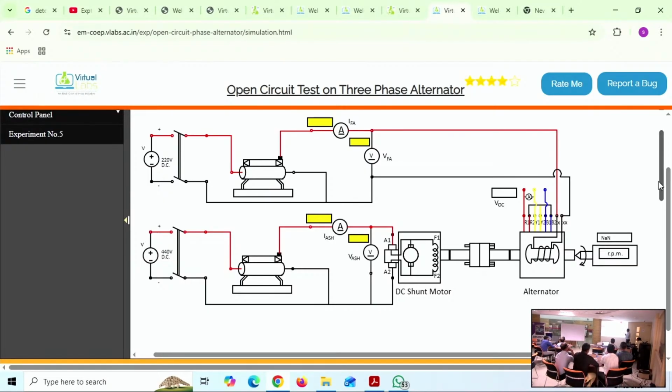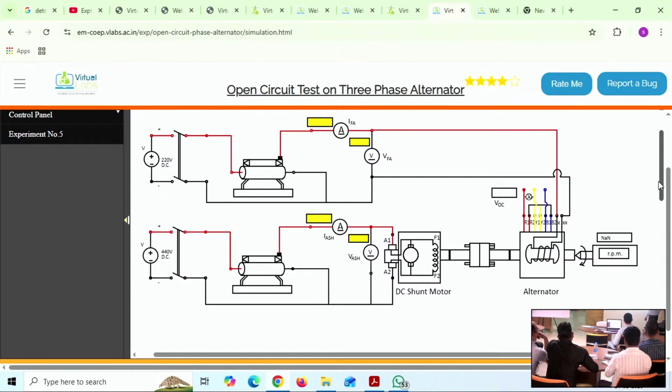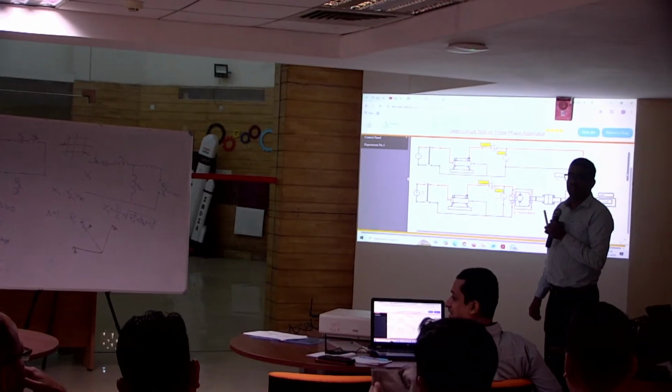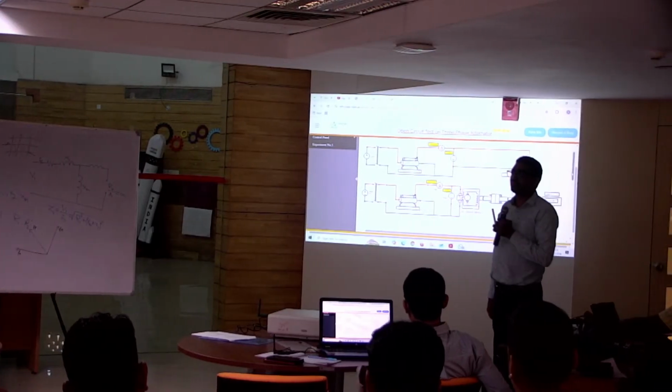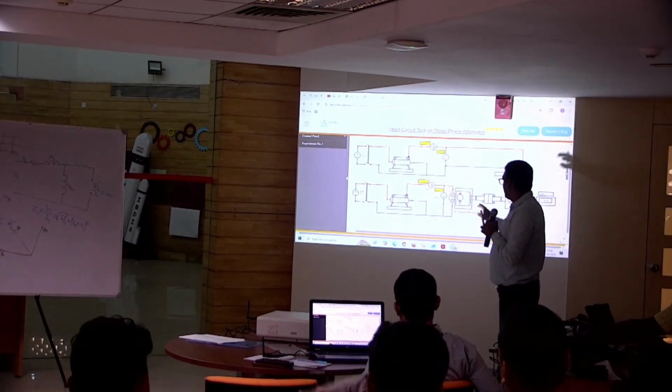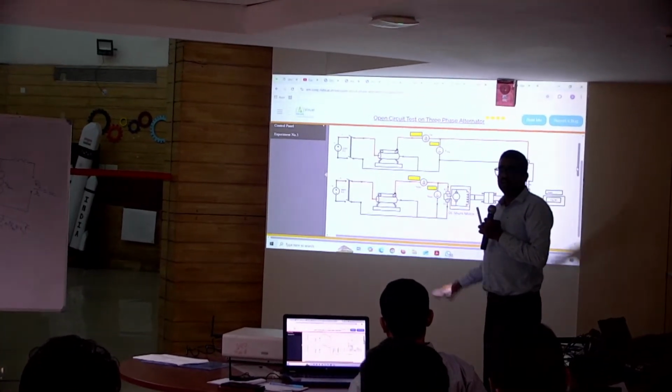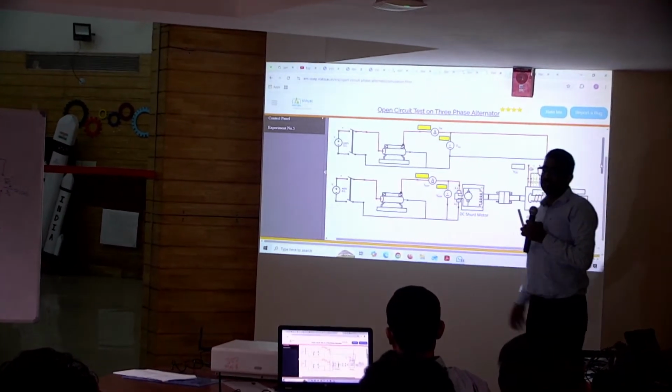Okay. DC shunt motor. What did he miss, sir? Can anyone guess? This time let us give a chance to other members of our faculty. What did he miss in the DC shunt motor here? One important thing. In the circuit diagram, he missed something.